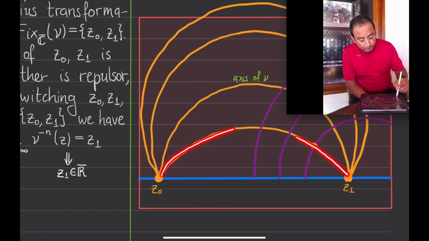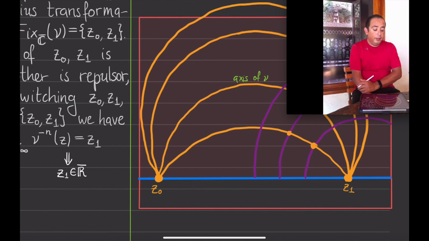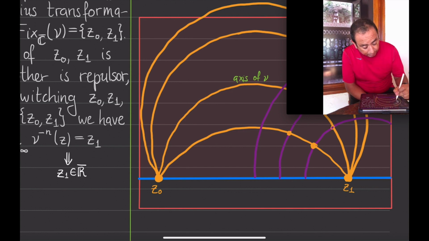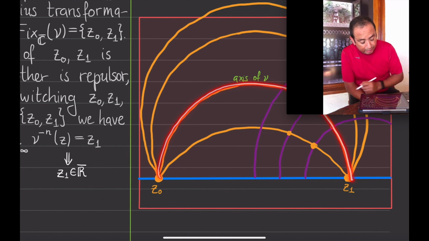Let's say the image is this one. Then something similar happens. When I take this point on the axis, its image has to be again on this curve, on the axis, because it's stable under integral powers of nu.